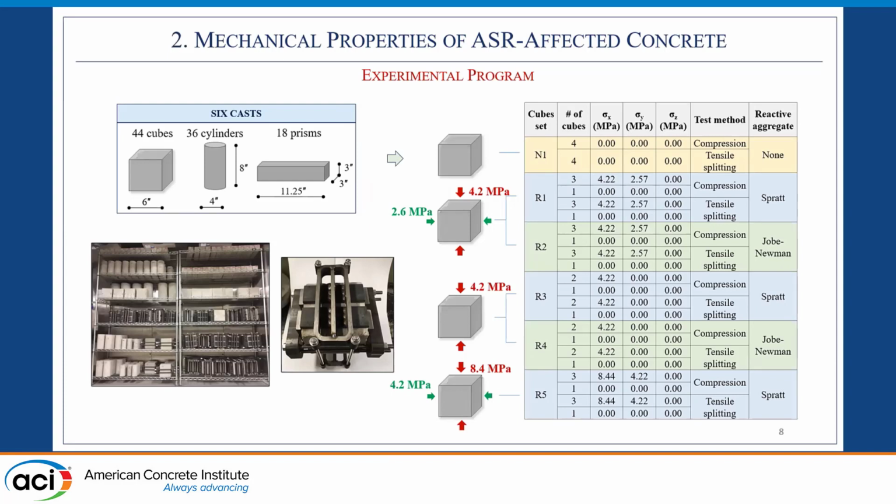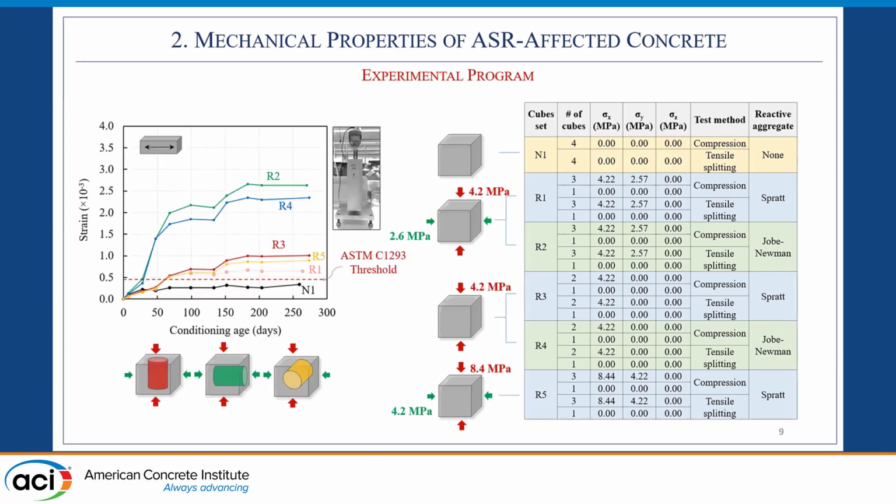And the cubes were all stored in a special environmental chamber, high humidity, high temperature, in order to accelerate an inherently slow reaction. Accompanying the cubes were also cylinders for standard compression tests as well as prism specimens for standard ASTM C1293 expansion measurements.